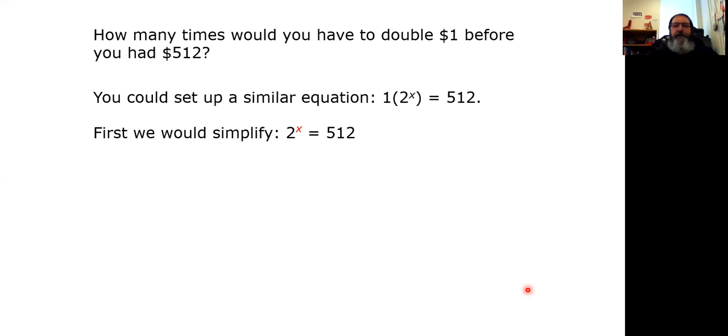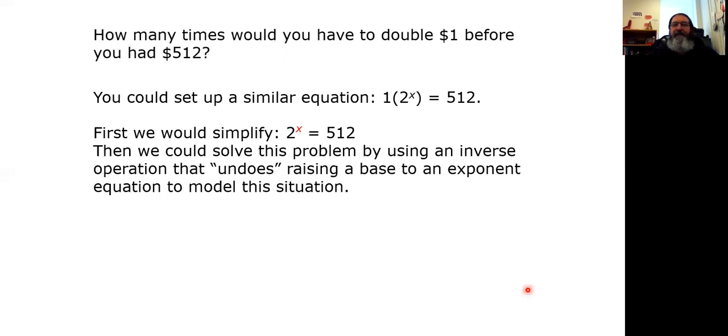So when we want to undo addition, we subtract. If we want to undo multiplication, we divide. What we would like to do here is find a similar operation that undoes raising a base to an exponent, an inverse operation.